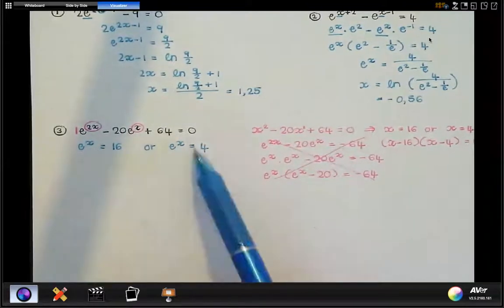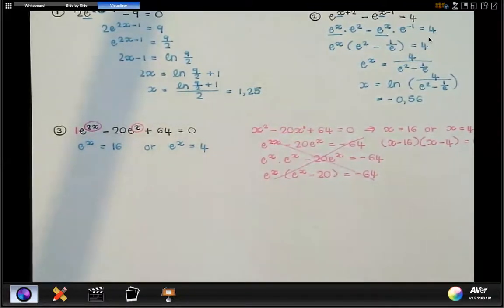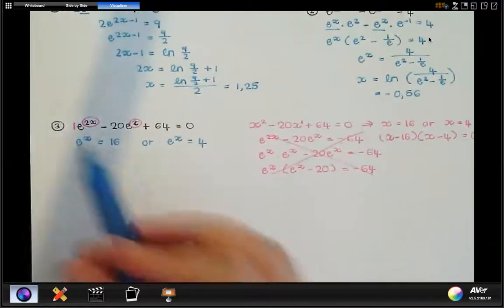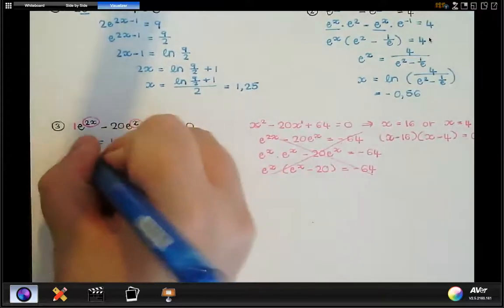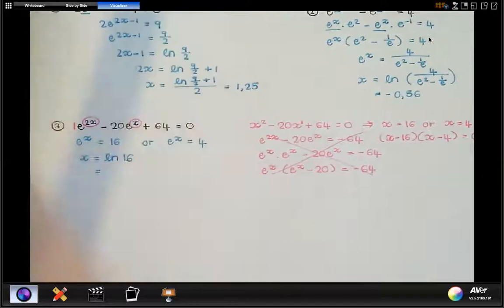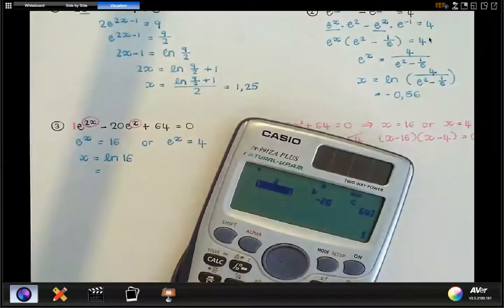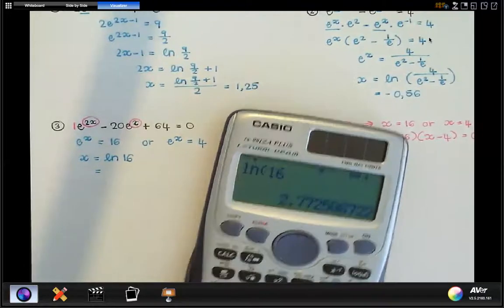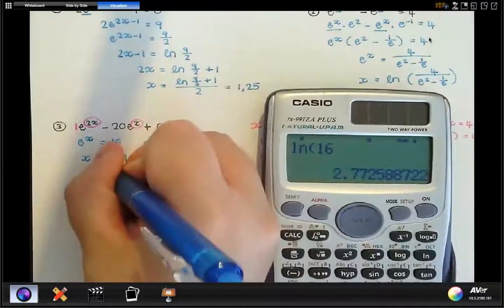So now here we have two separate exponential equations, which we can now easily solve just by writing them in log form. So we have e to the x equals 16. So x is going to be ln of 16, which is, let's put this back in normal mode, ln 16 is 2.77.